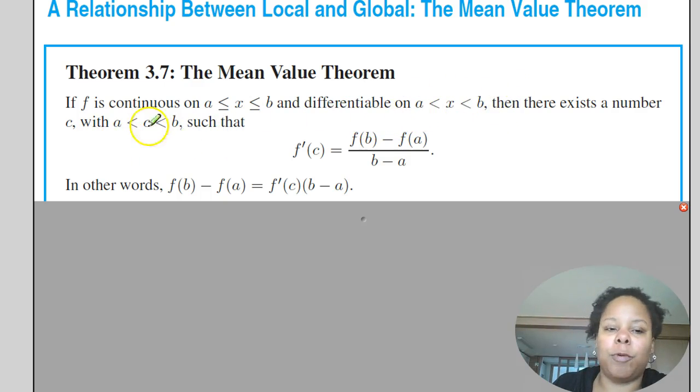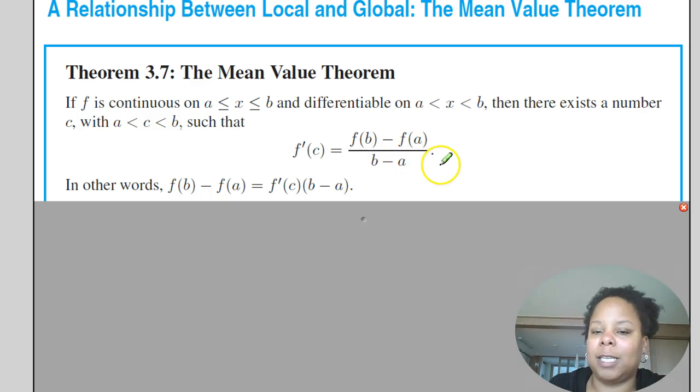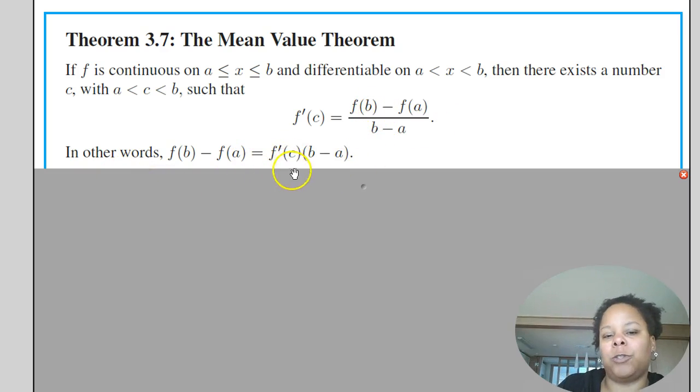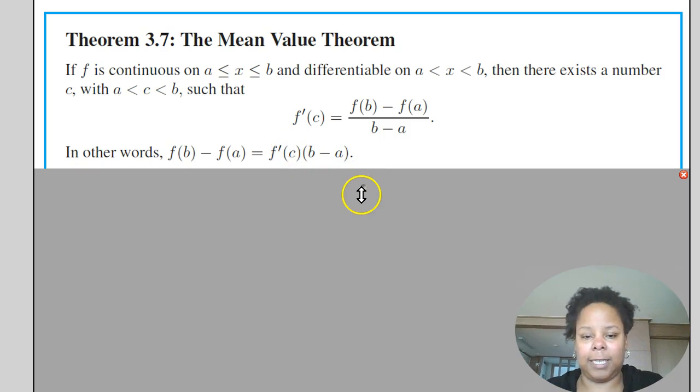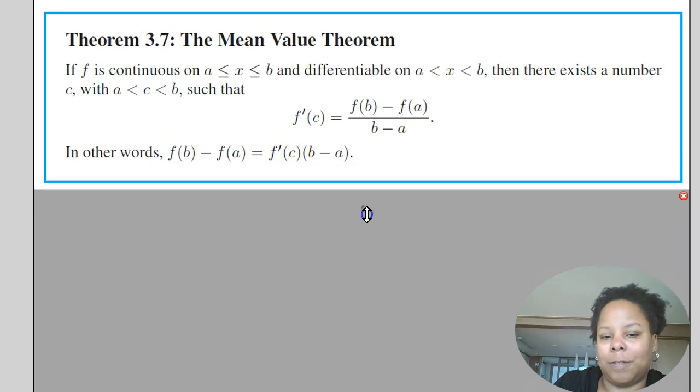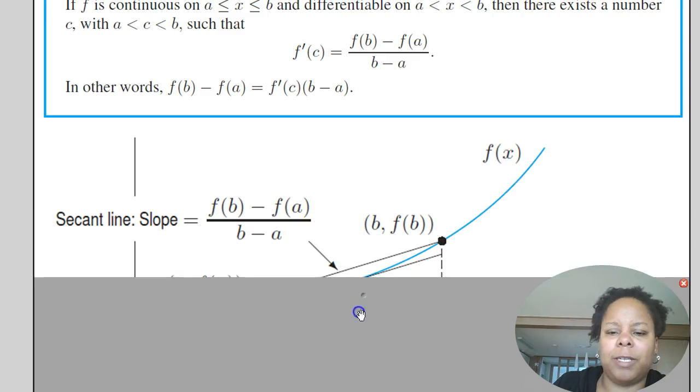Then there exists some point c in that open interval from a to b where the derivative of f at that point c is equal to basically the slope of the secant line between the endpoints. And if that's the case, then we can rewrite f of b minus f of a as equal to the derivative at that point c times b minus a. It looks very much like the linear approximation of something. Graphically, what does this represent?